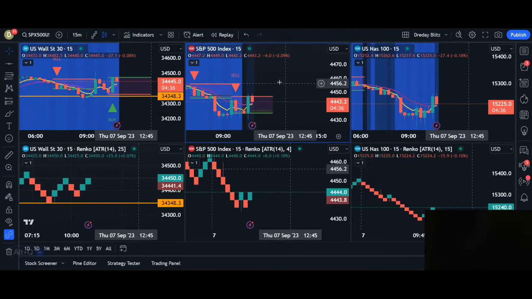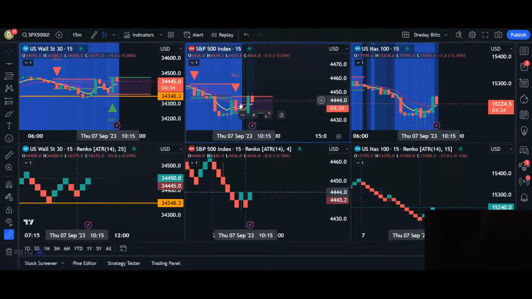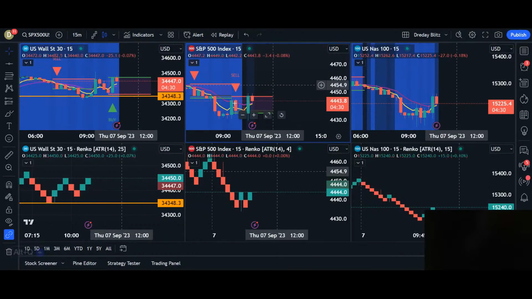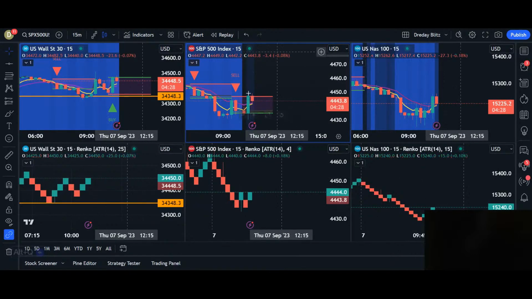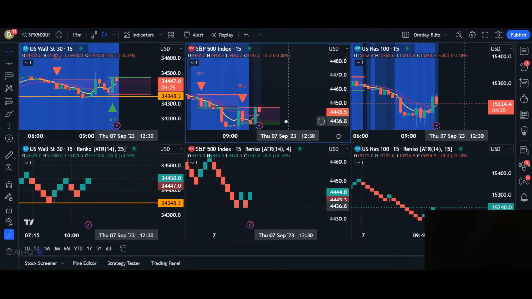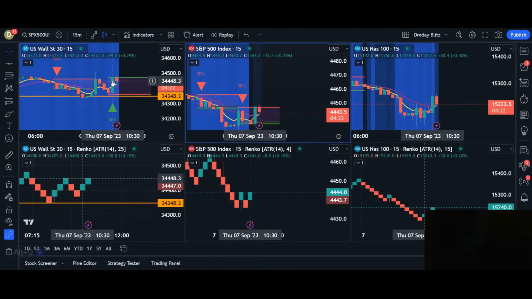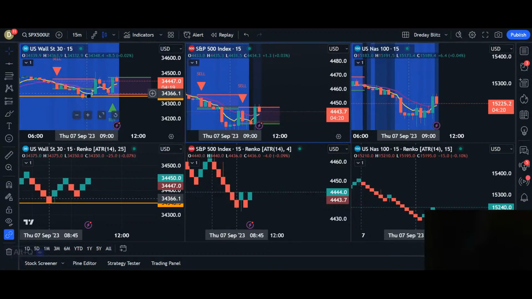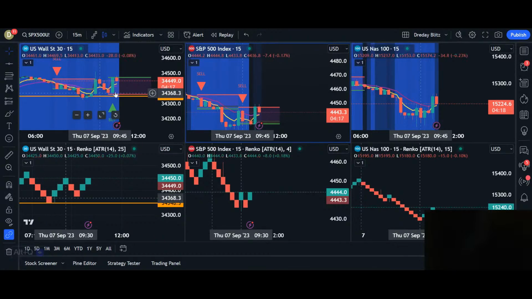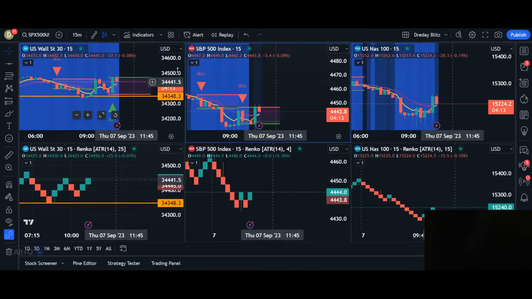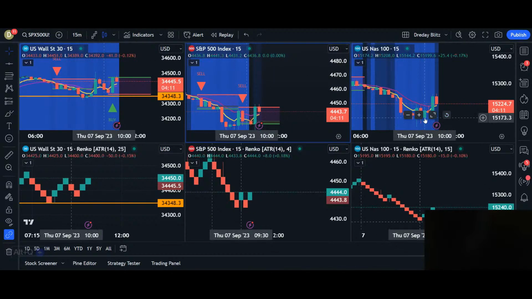So for now, we had a buy signal here on US S&P 500 on the 15-minute chart. So I should expect a push going up in the market. Same thing for US 30. We had two buys at 9:30 and this one here at 10:30, sorry.